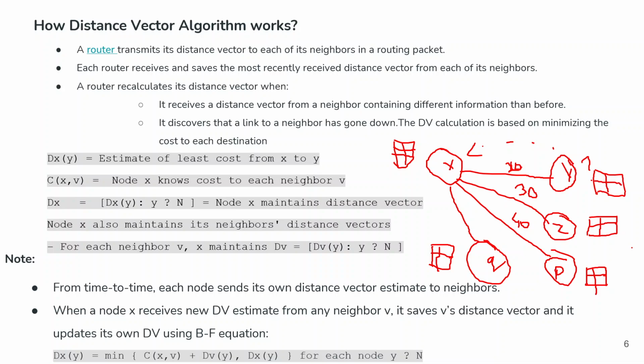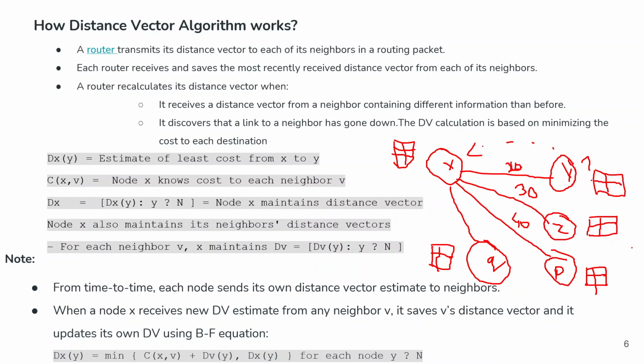Means what? It will calculate the minimum. If there exist n number of paths between any two nodes, then it will take into consideration the shortest path or minimum value path from x to y. So this is how the Bellman-Ford equation works.